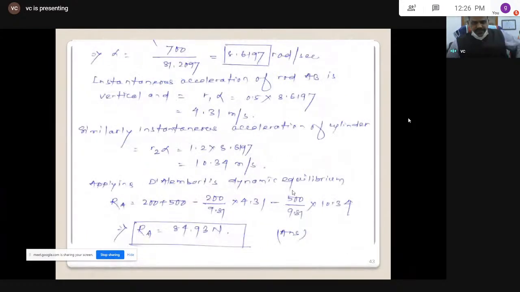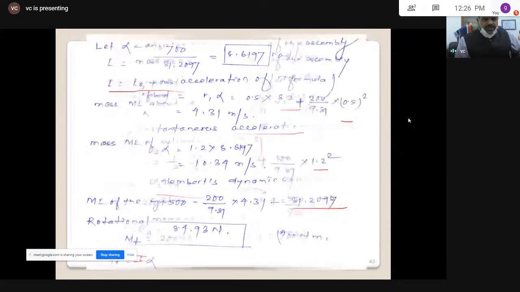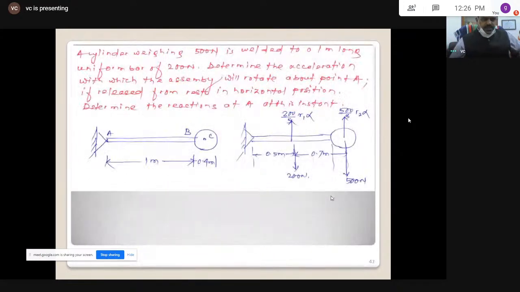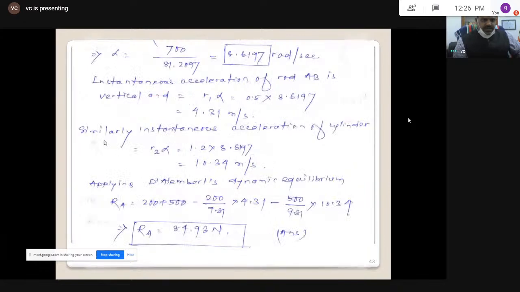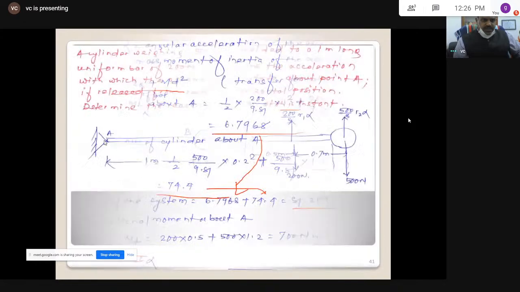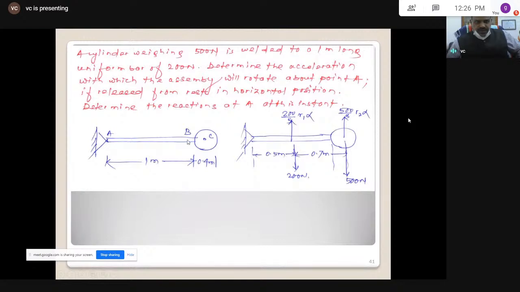So now let us see. This is where we have a cylinder weight. This is the axis, it is rotating about this axis. Let us assume that there is no cylinder connected. This is a slender rod rotating about this axis.